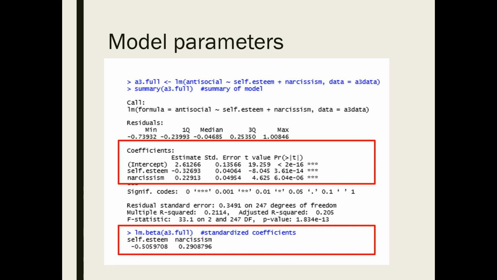So here we have a 1 unit increase in self-esteem should correlate with a negative change of 0.50 units for Y. And we also have our standardized coefficient for narcissism, so every unit change of narcissism would correlate with a positive change of 0.29. Same basic idea where we took our original coefficients, but now we have standardized them so that we can compare them between different analyses.